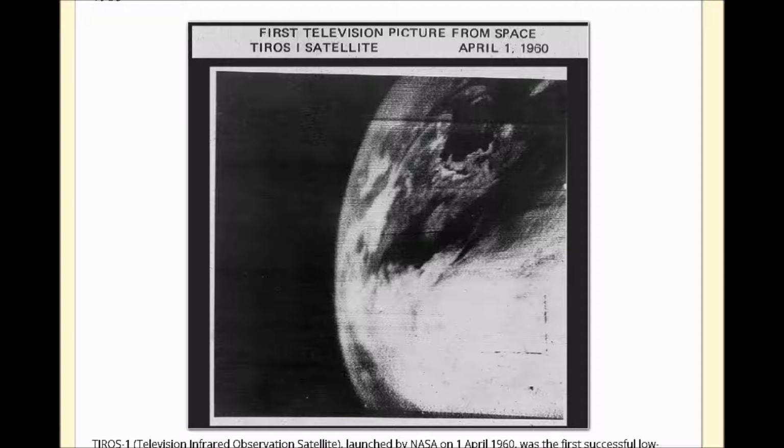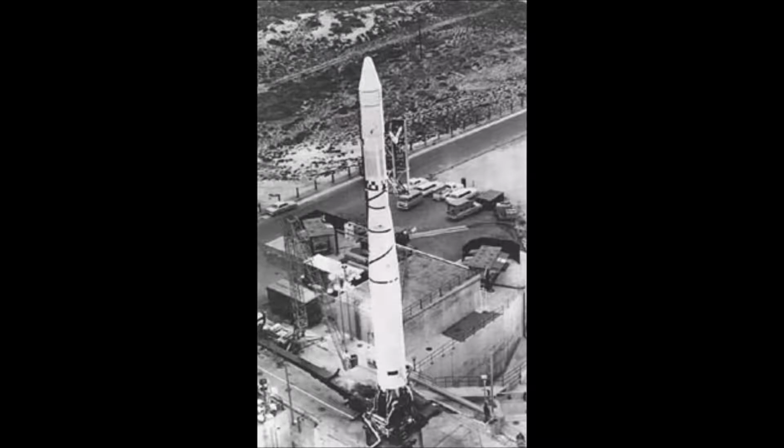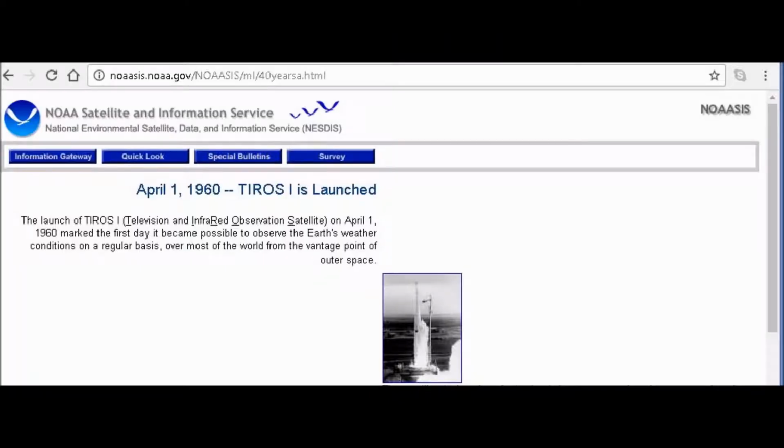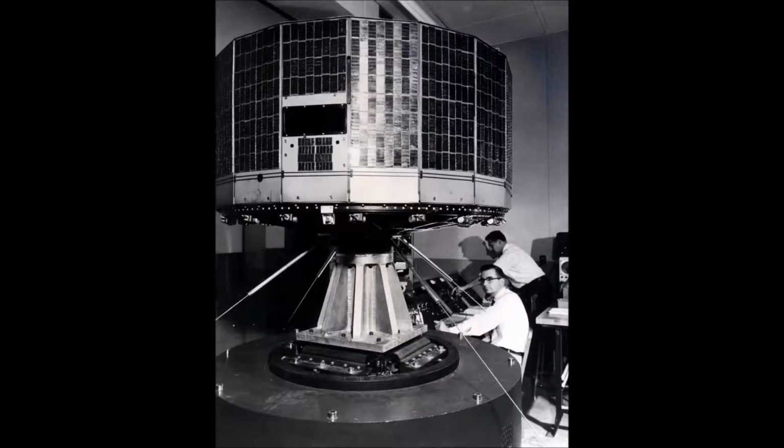Well, the problem is, I'll get to the problem in a second, but this satellite, designed to obtain cloud pictures, was rocketed into space aboard a Thor-able launch vehicle on April 1st, 1960 from Cape Canaveral, Florida. The satellite was basically a cylinder with 18 flattened sides to mount solar panel cells, or solar power cells.